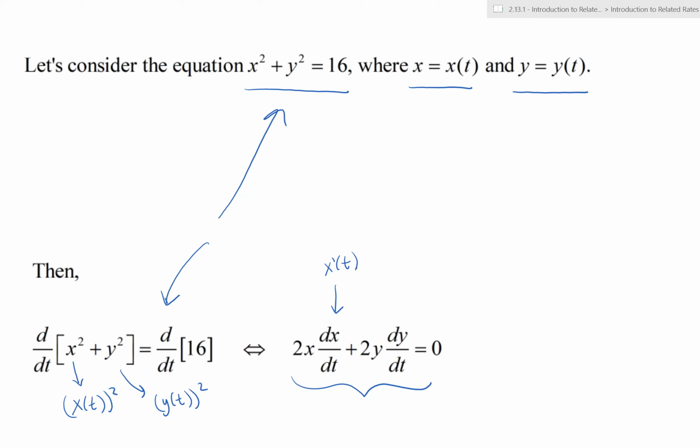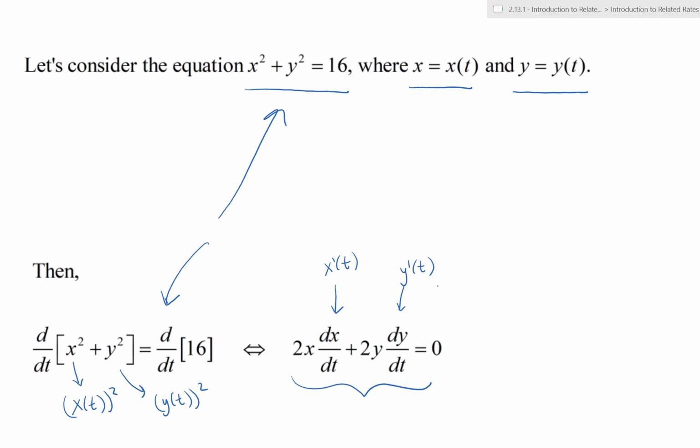The same can be said about the derivative of y squared with respect to t: y prime of t, the derivative of the inner function, times 2y. All of that equals 0 because the derivative of a constant with respect to t is 0.